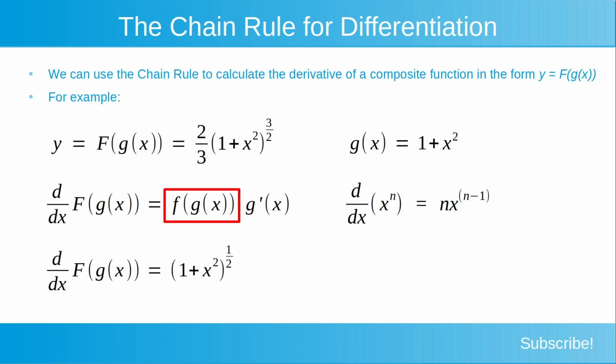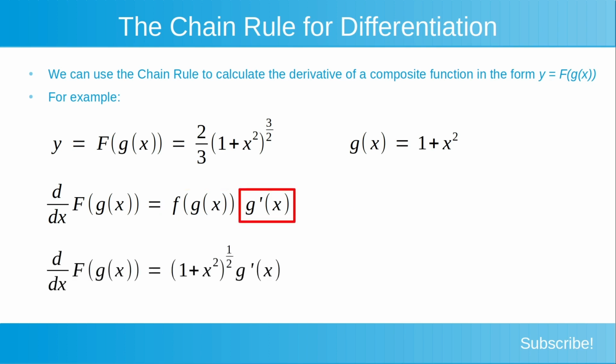Next we want to add our g prime x term. Now g prime x, that's the derivative of our function g of x with respect to x. Now the derivative of 1 with respect to x, that's going to be 0.